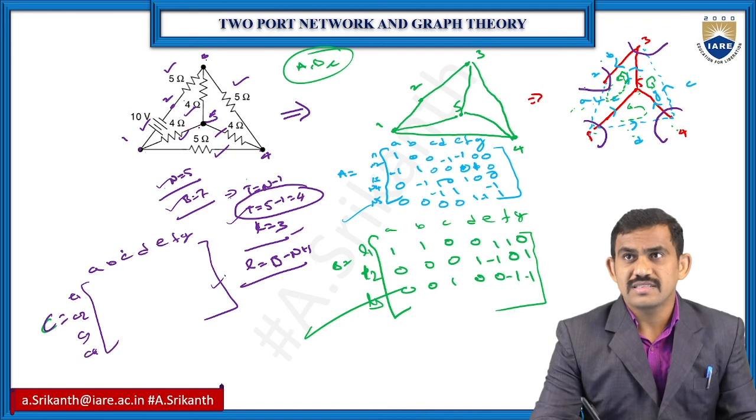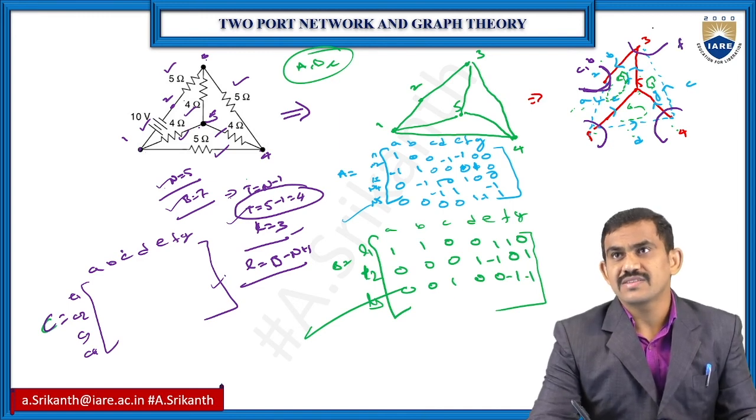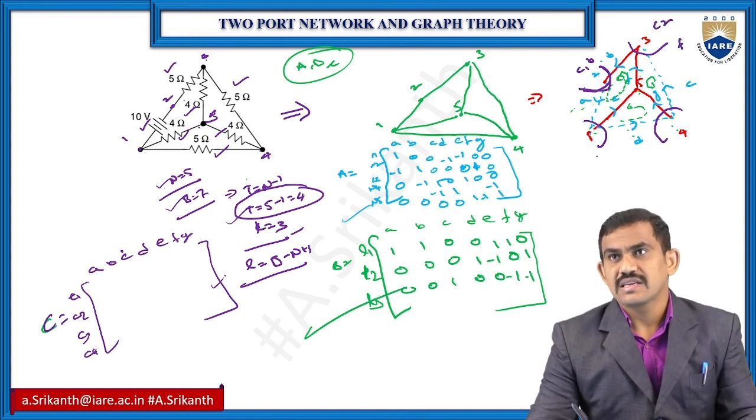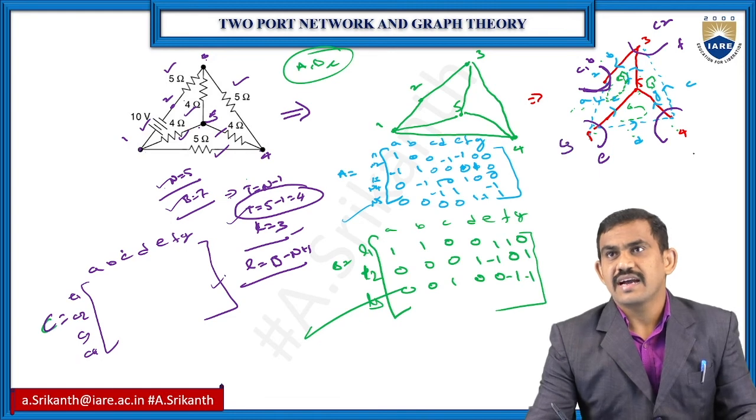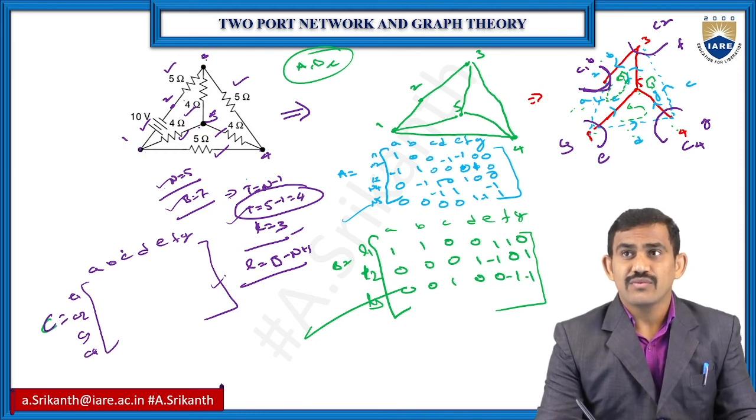So this cut is for B, that is your C1, this is for F, that is your C2, this is for E, that is your C3, and this is for G, that is your C4. So I have 4 cuts.